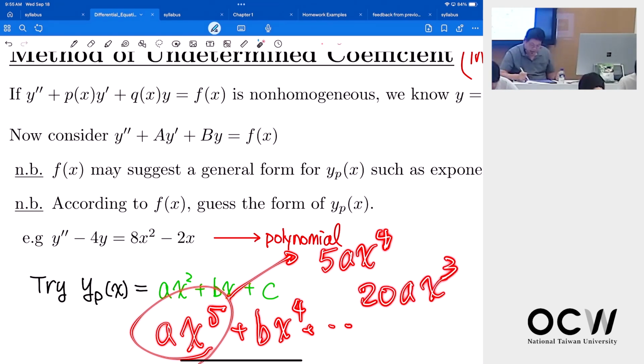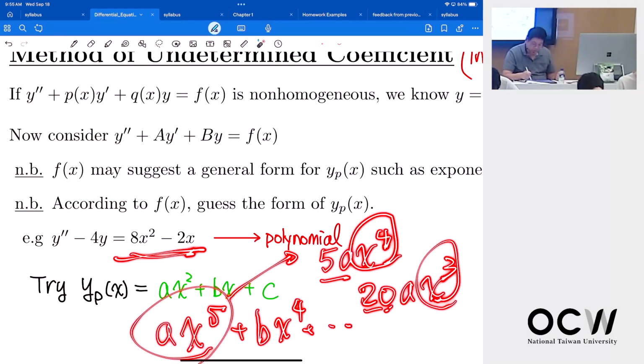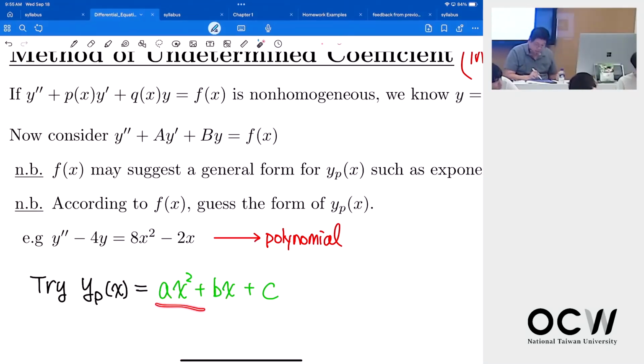20ax cubed. But on the right-hand side, I don't have x to the 4th or x cubed. Then I cannot compare those coefficients, so they won't satisfy. Unless you have the same order, you may have a chance. Okay.